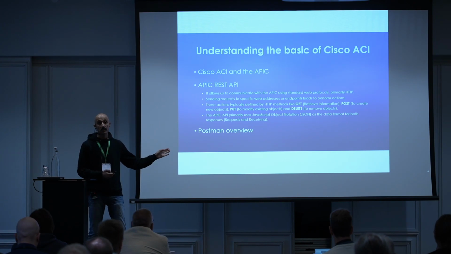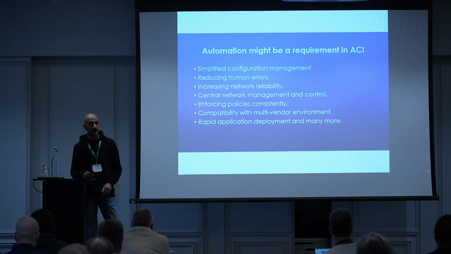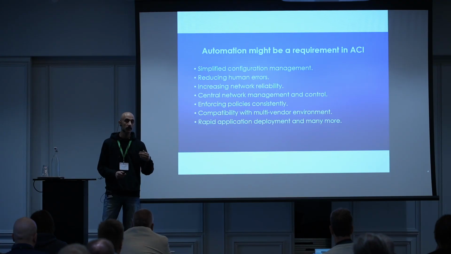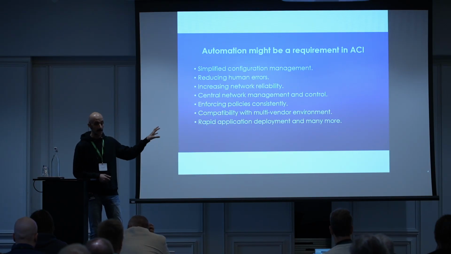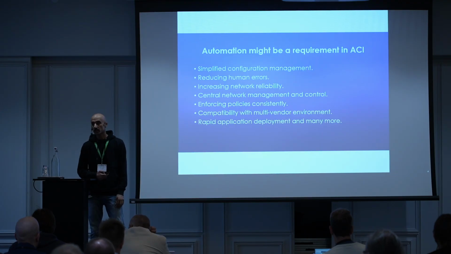In this presentation, I will use Postman, and all of us know that Postman is an API client. It's software that we can use not only to automate, for example, LinkedIn profile, Instagram, Twitter, but also ACI as well. Why do we use automation?